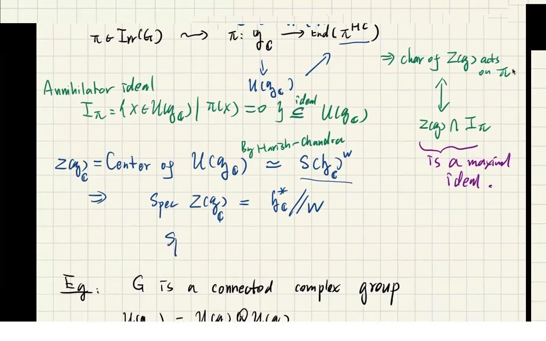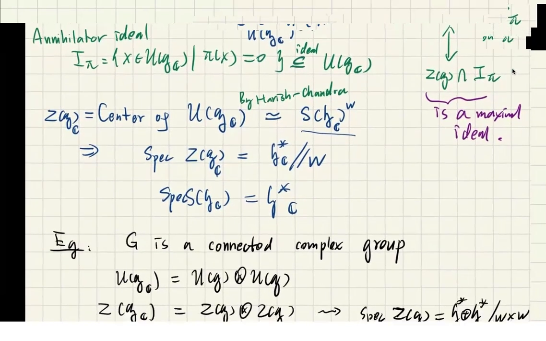So Spec of the symmetric algebra of h_C is just h*_C. But when you take the W-invariants, it corresponds to taking the quotient by W in the geometry. I say this because our essential goal is the relative Langlands program, so you should see this kind of correspondence between algebras and geometric spaces.